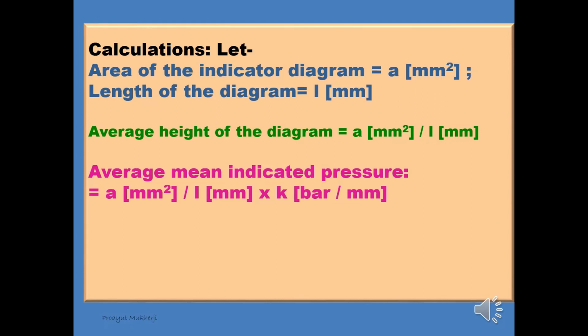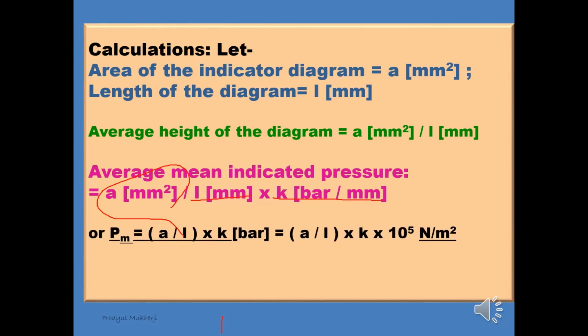So the mean pressure over here is A millimeter square, the diagram area, divided by L millimeter, into K, the spring scale in bar per millimeter, which has to be converted into Newton per meter square. So it is multiplied by a factor of 10 to the power of 5.